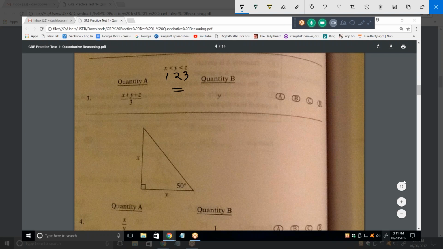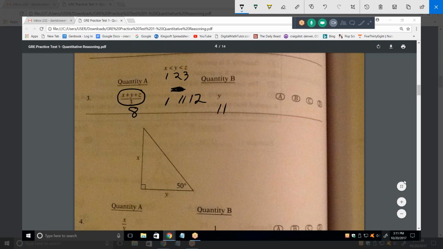Let's try something like 1, 11, and 12, where I have some separation between the numbers. Now, what's my average? 24 divided by 3 would be 8. Correct. And that does not equal y.